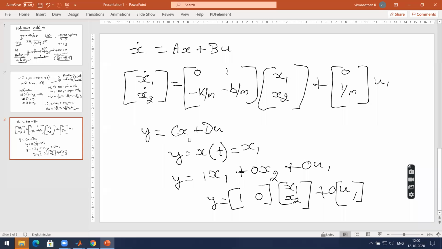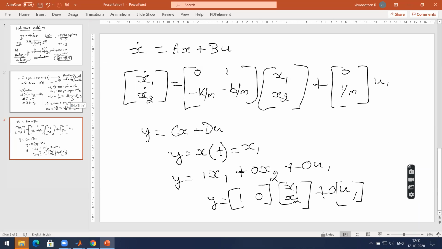You had the transfer function, numerator by denominator; similar to that, these are the two equations in matrix form we'll be using for the state space model. This is the general form, x dot is equal to Ax plus Bu and y is equal to Cx plus Du. Now how did you arrive at this?